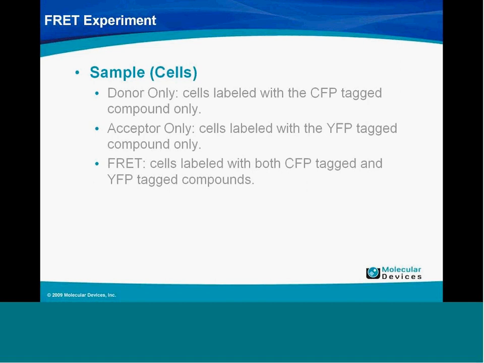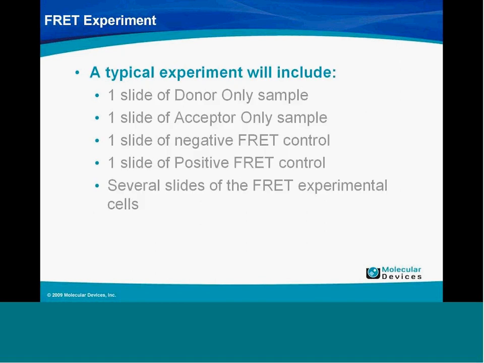As for sample cells, you need a set of cells that only have the donor loaded into them, so CFP-tagged compounds, your donor-only sample. You need an acceptor-only sample, which has just YFP-tagged compounds. And you need a FRET sample, which has cells labeled with both CFP-tagged and YFP-tagged components.